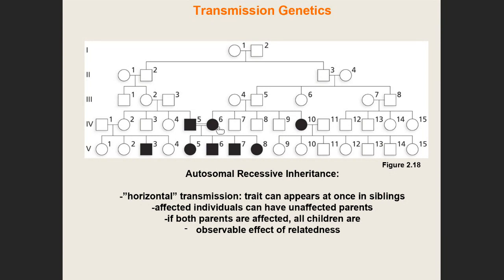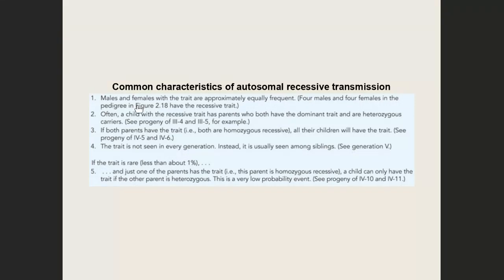In other words, the chance that both members of the couple are heterozygous is a lot higher than if you have one person that's heterozygous and the other one from the general population. So to have relatedness in the formation of the couple highly increases the probability of transmitting a recessive disease.